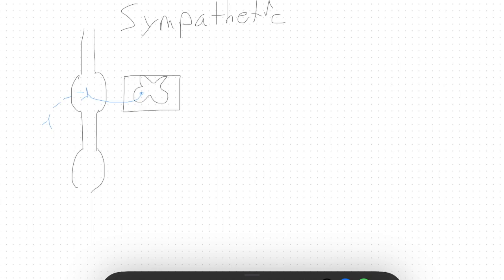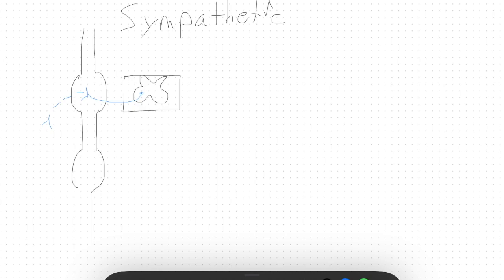Neurotransmitters used here: they use acetylcholine in the preganglionic fibers, while in the postganglionic fibers, they release norepinephrine. The type of receptors on these pathways include adrenergic receptors, which are alpha and beta subtypes.